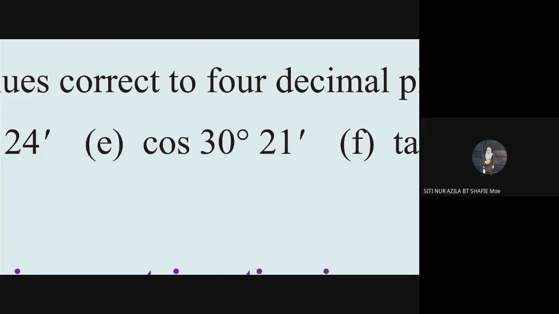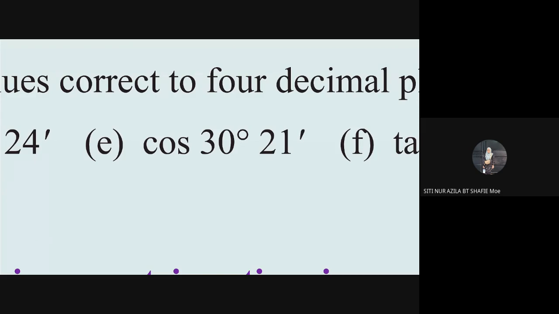Cos 30 degree 21 minutes. 0.8630. Okay, please be careful for this one.